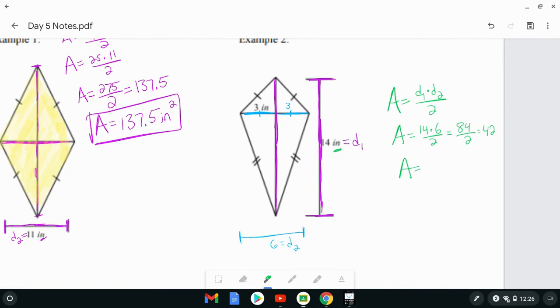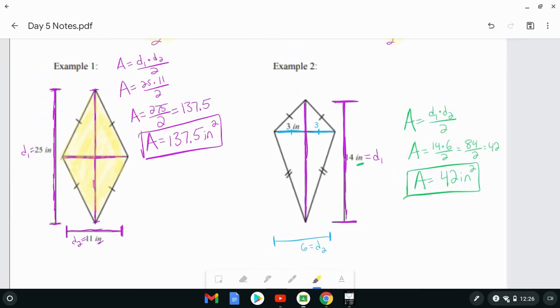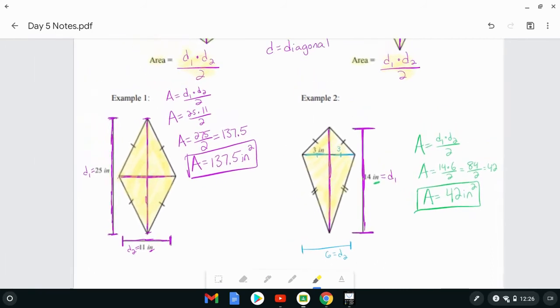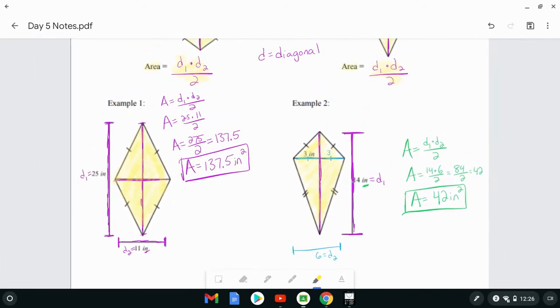You've heard it a lot, you're going to hear it some more: make sure area is still inches squared. So the full shaded region we just found there is 42 inches squared. We have to make sure we know the actual diagonals. So that's how we just found the area of a rhombus and a kite.